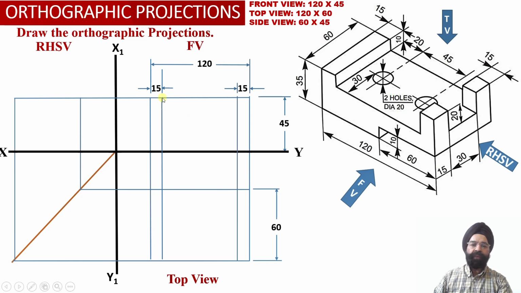So now we have drawn a vertical projector line at a distance of 15 millimeter from the left hand side face into the front view projections, and this vertical projector we have extended into the top view projections as well.